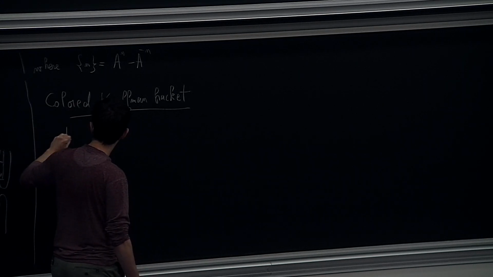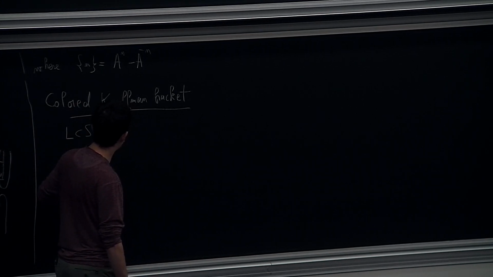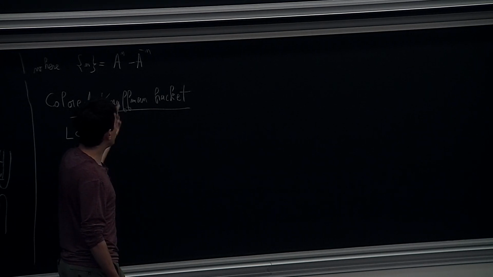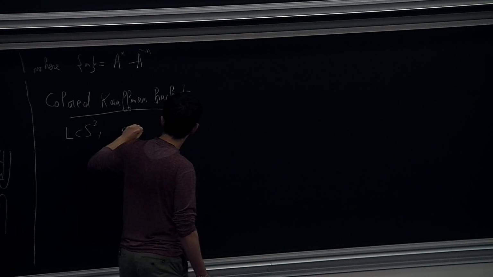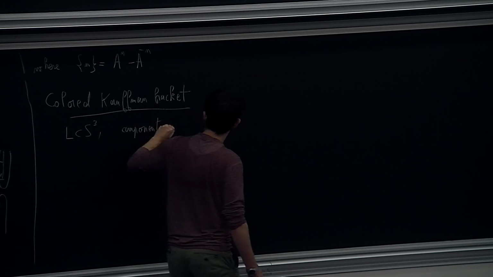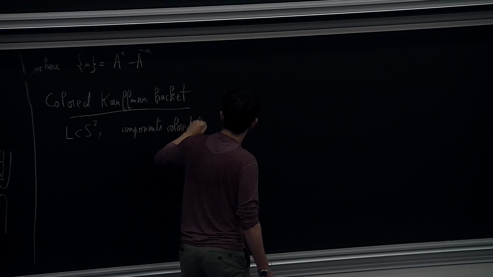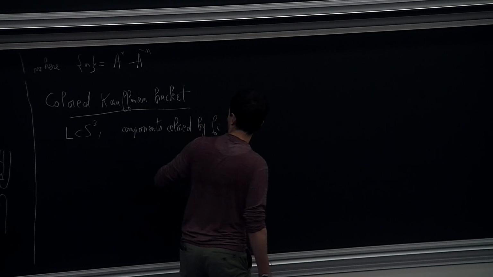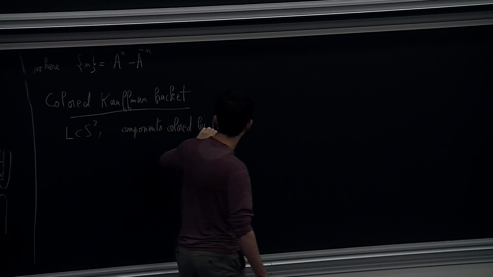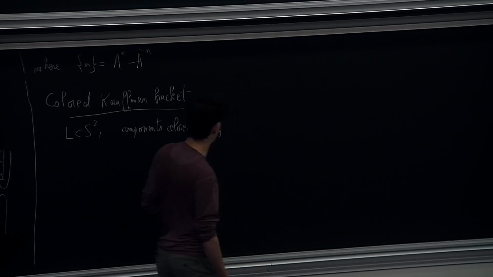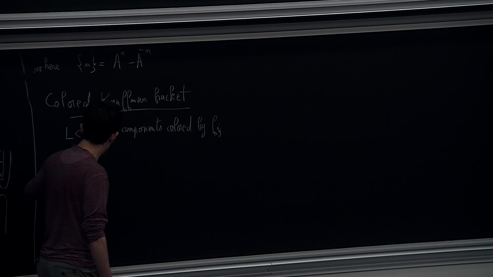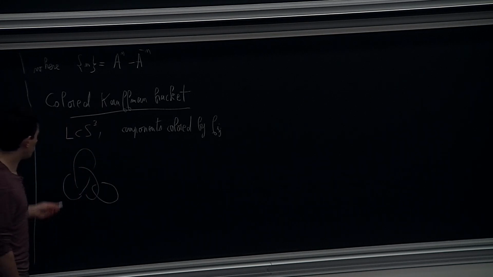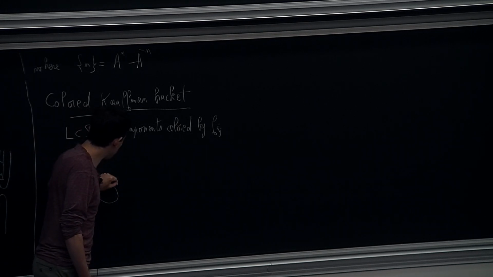So if I have a link L in S^3, and I color all its components by the Jones-Wenzl idempotents f_i, let's say the ith component is colored by f_i. So for example, I could have something like this: a two-component link, and I say that I color this by i and this by j.